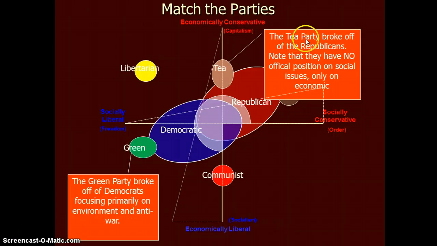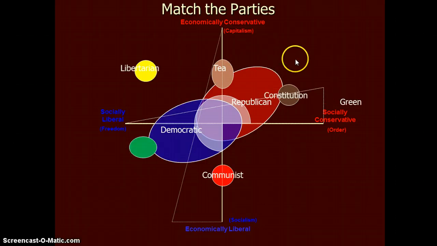Going back to the Tea Party up here, which has become more and more popular in the last few years, there are many people in the Tea Party that are spread along the x-axis. They're either socially conservative, and I'll click back so we can see that, way over here like a Michele Bachmann, but there are also people who are more libertarian that are part of the Tea Party who don't want the government involved in social issues.